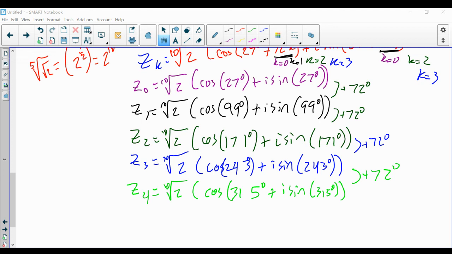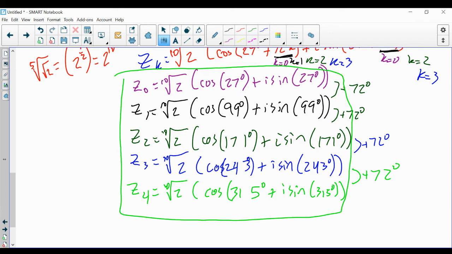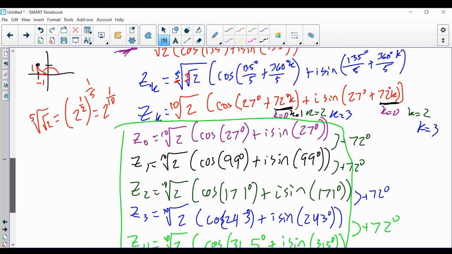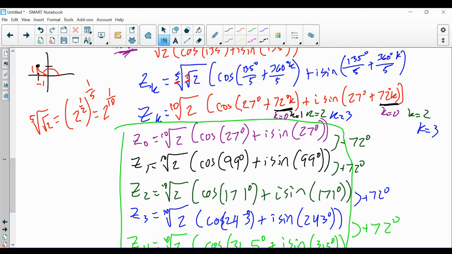It's adding more work than it needs to be. But here again are our 5 answers, starting with z0 all the way to z4. So hopefully it's not too bad. Again, it's a little tedious, but the math itself is really just addition after you simplify what you have with de Moivre's theorem.